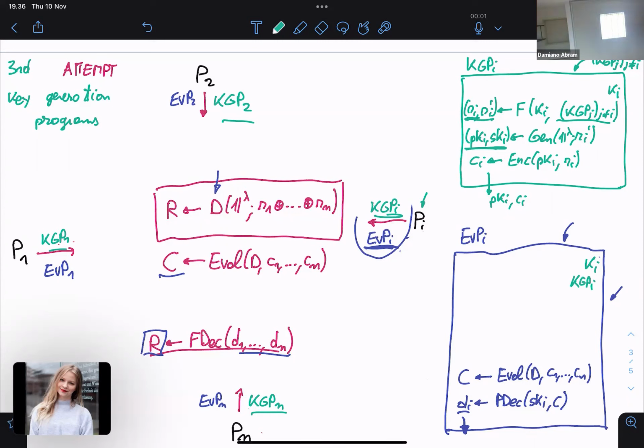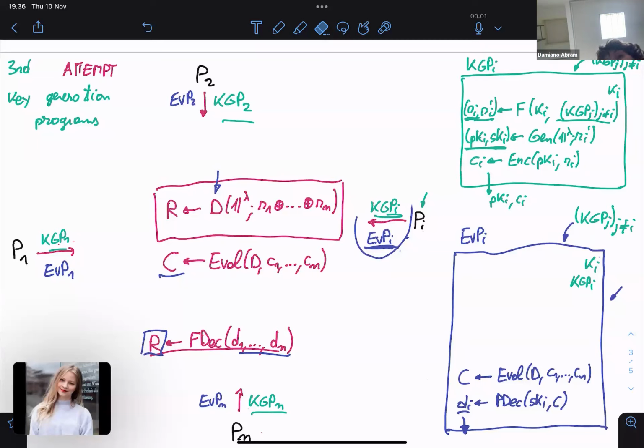So this evaluation program will be way bigger than the key generation programs. The inputs will be the key generation programs of the other parties. So the evaluation program will still derive an encryption C of the output using the homomorphic properties, and then it will perform the partial decryption.